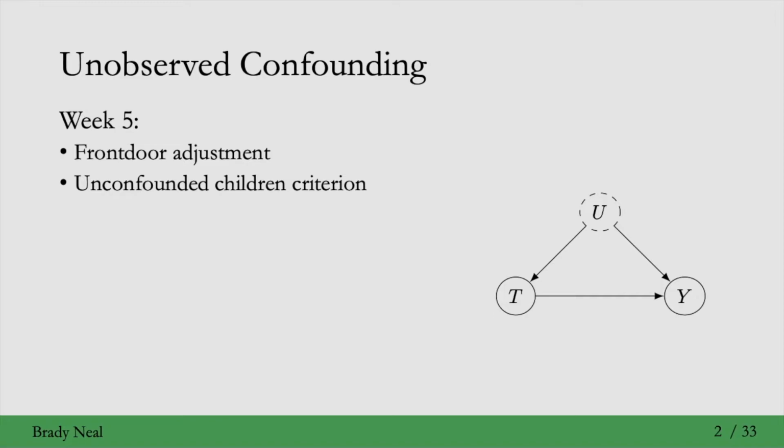The backdoor criterion and the front door criterion are special cases of the unconfounded children criterion, so it's more general. And this unconfounded children criterion isn't a necessary condition, so we can also get identifiability via some fancy application of the rules of do-calculus, since we saw that any identifiable causal estimand can be identified with a sequence of applications of the rules of do-calculus.